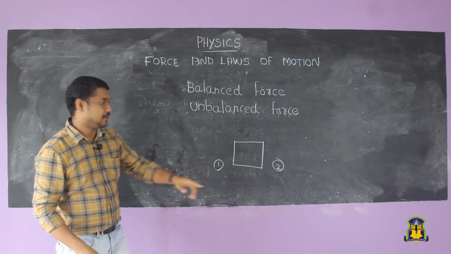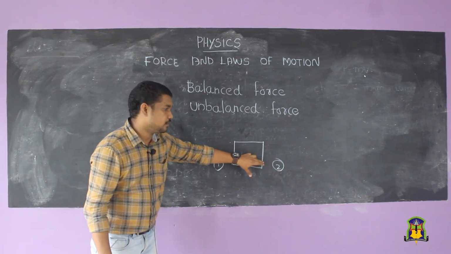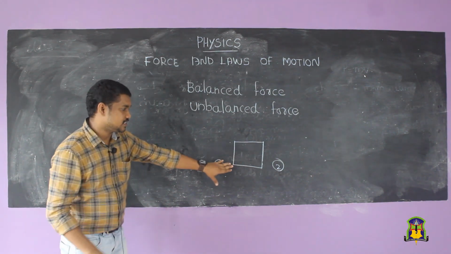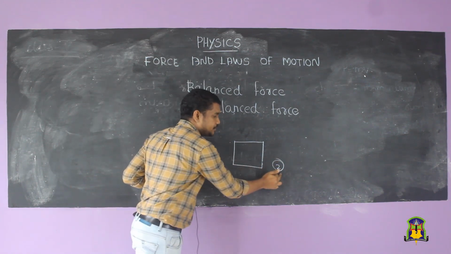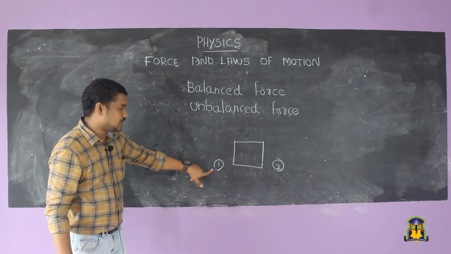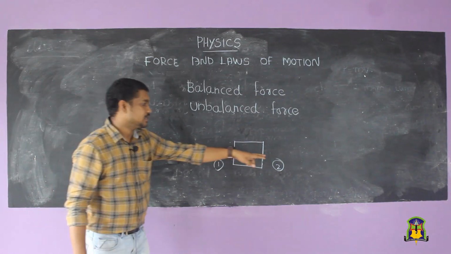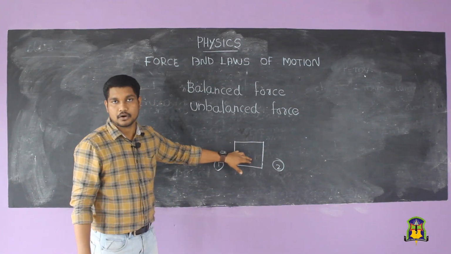At the same time, the second person also applied the same amount of force to the box. Situation clear? So there is a heavy box, and this is the first person and this is the second person, and the first person applied a force to this box. At the same time, the second boy also applied a force to the box.